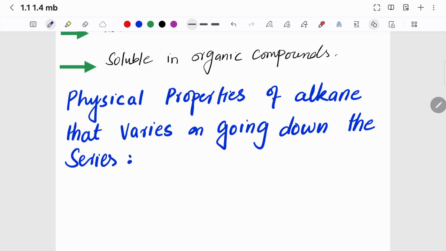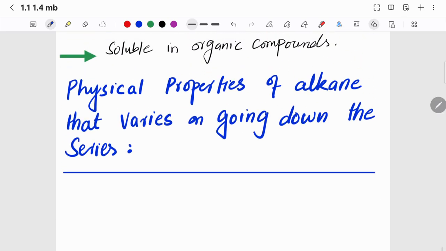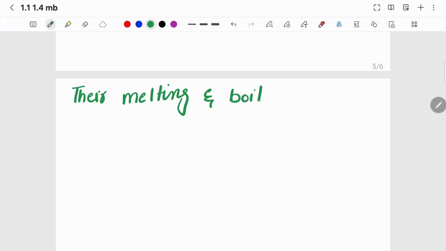What are those properties? Let's discuss. The first property is their melting and boiling points increases. Let me explain how.